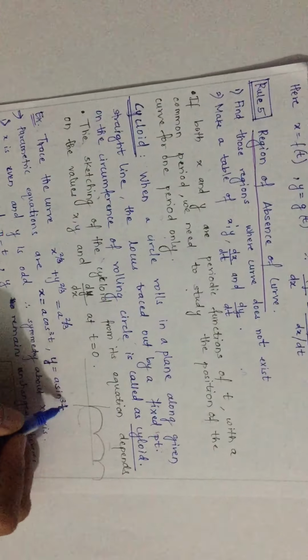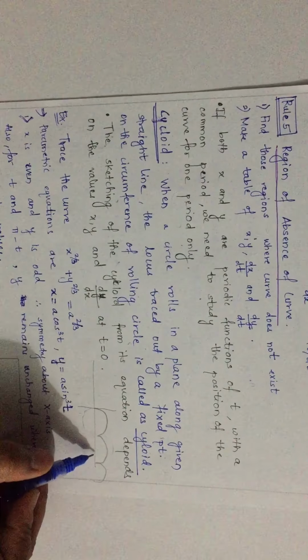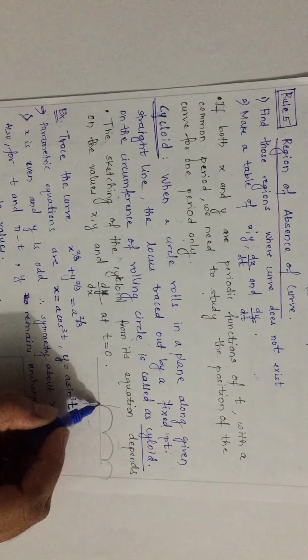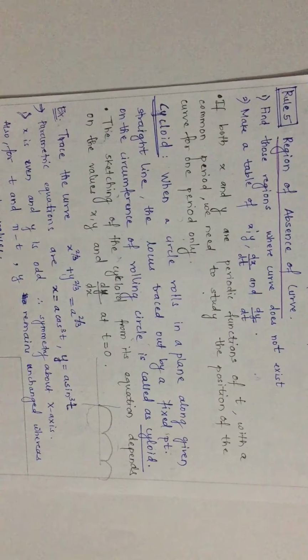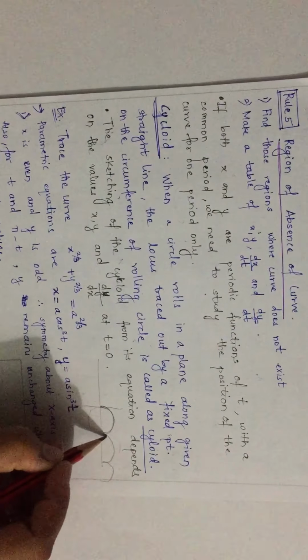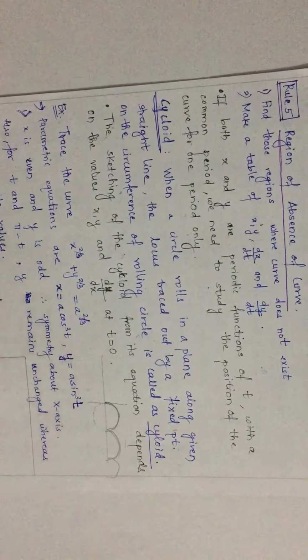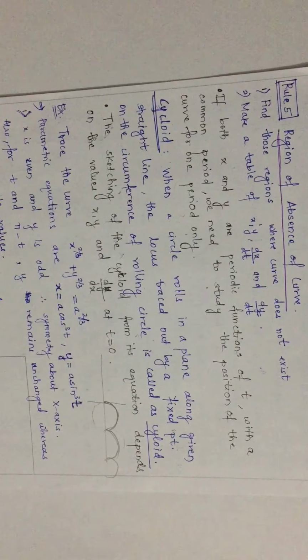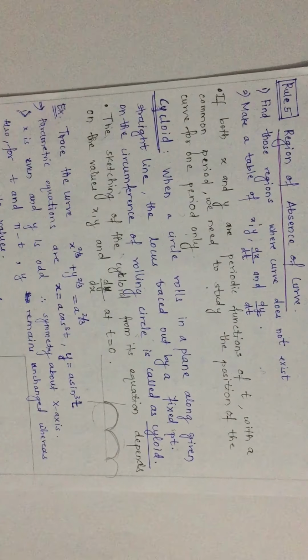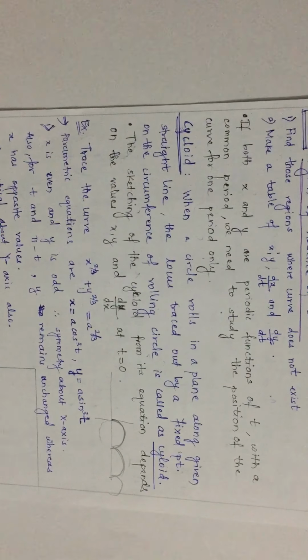Suppose you are having x and y axes, and x is the fixed straight line, and there is some fixed point which rolls along this x-axis, then the locus traced out by this point is known as a cycloid. It will be more clear when we see an example.